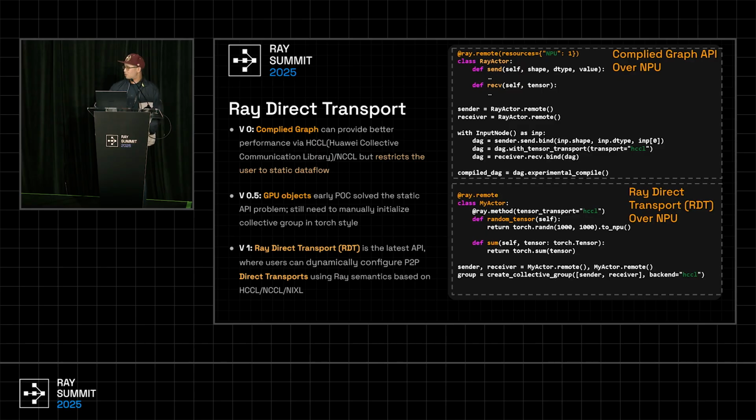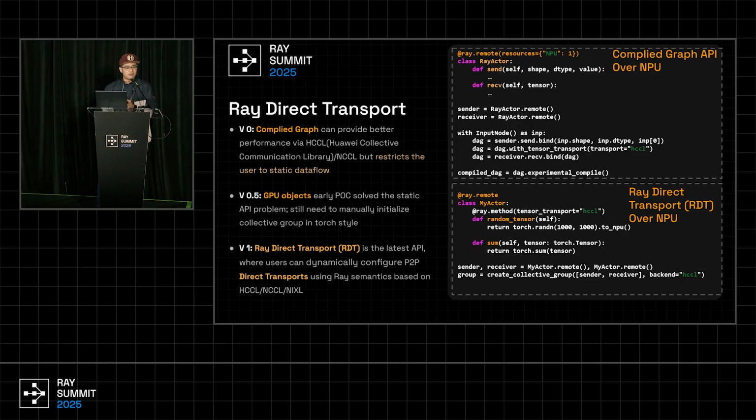And RDT, so yesterday there was an AnyScale talk about Ray direct transport. So here's the complete storyline up to this point, and looking ahead as well. At V0, we know compiled graphs are fast, but there were some limitations due to its static graph programming model. For inference, with the pre-fill decode pipeline, there's no problem because it's a relatively fixed data flow pipeline.